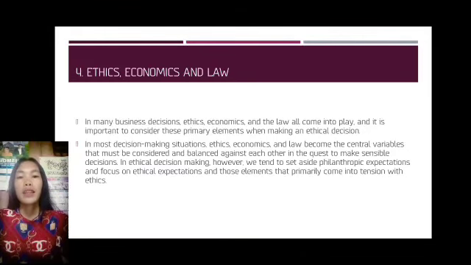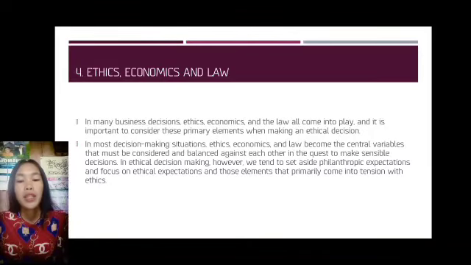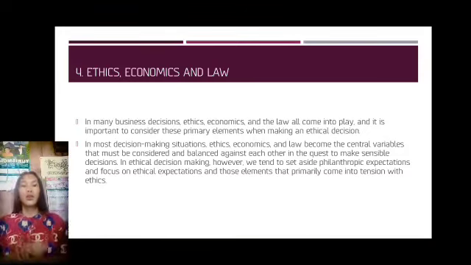The ethical expectation must be proportionate to the potential risk or harm that the research imposes. Risks should be balanced against benefits, and where possible risk should be different where there is minimal risk of serious harm and moderate risk of minimal harm. So they focus on ethical expectation and set aside the philanthropic expectations.